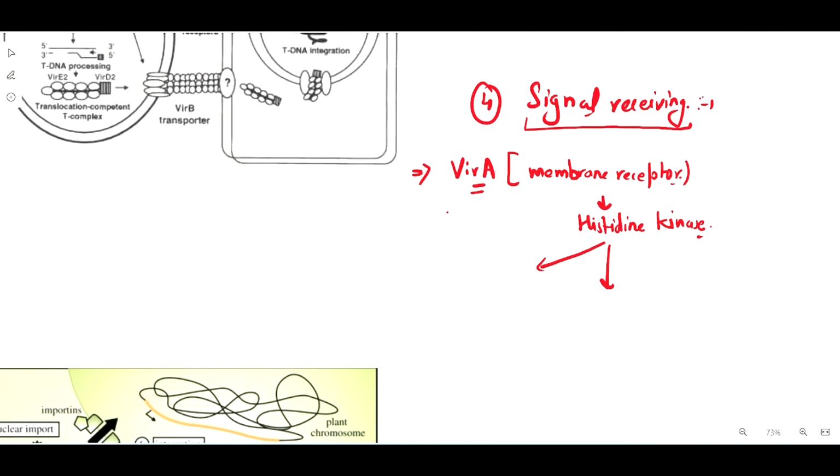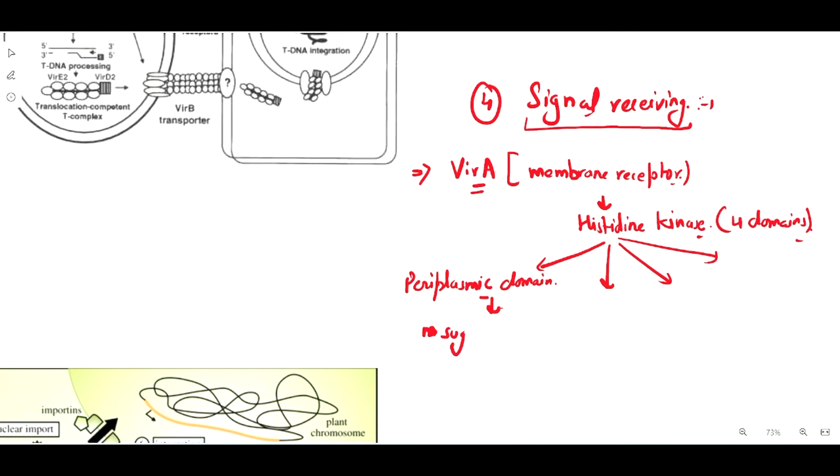The first domain is the periplasmic domain, whose function is to perceive the monosaccharide, the sugar, and slight acidity.